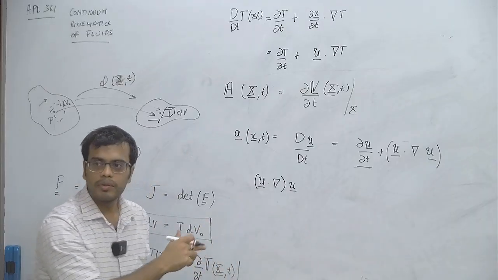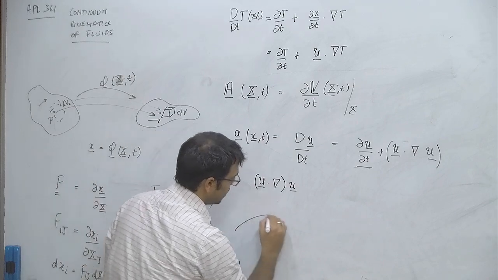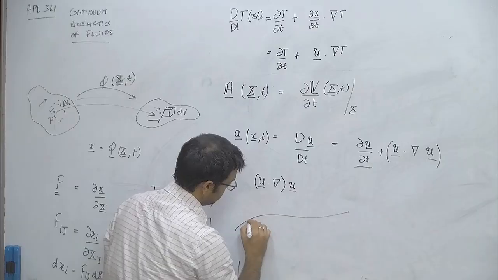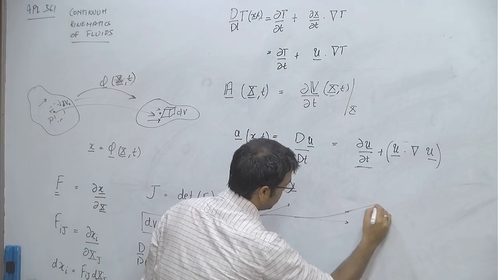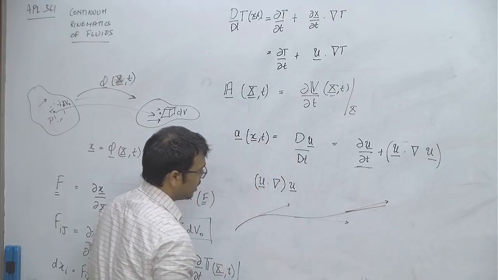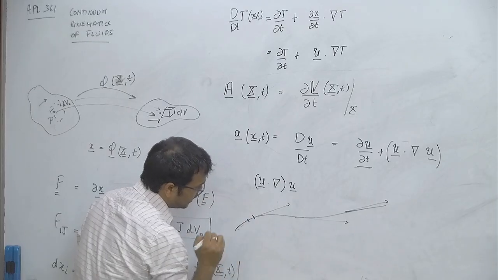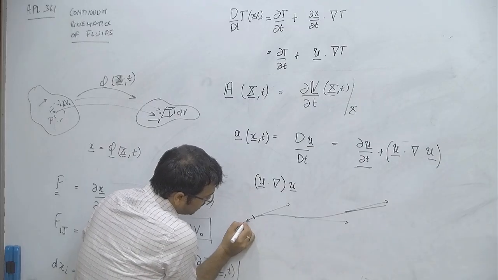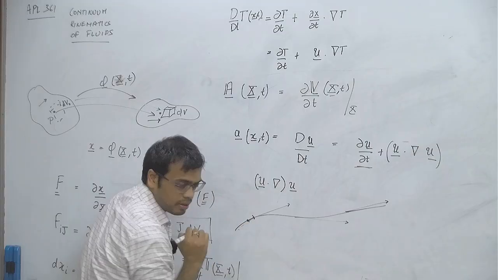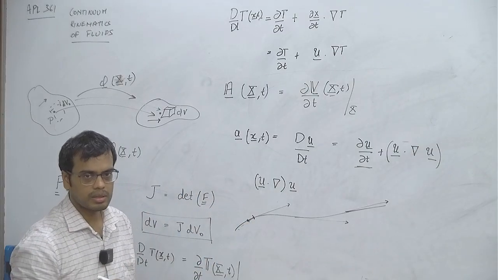along the velocity itself. Okay, so if let's say these are the lines which are called the streamlines, and you have velocity basically tangent to these lines. Okay, then what you're doing is over an infinitesimal length, you're saying as the particle moves from here to here, how does the velocity change?